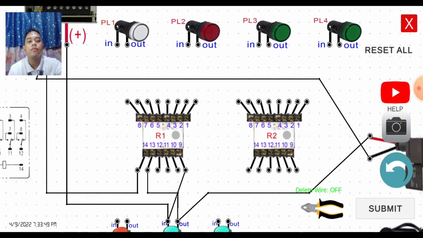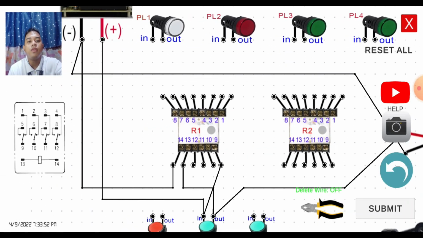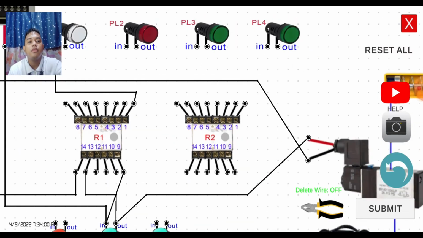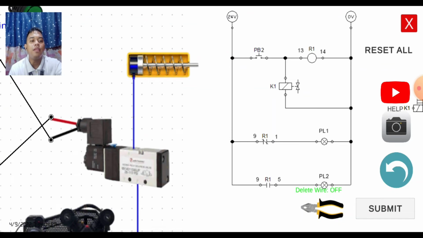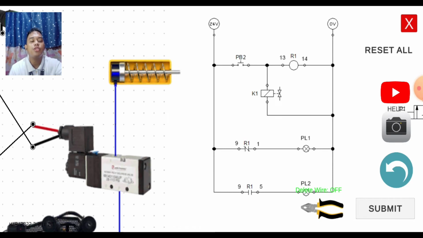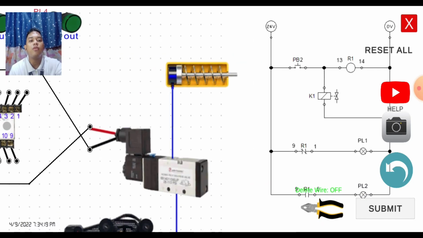Next, the output of PL1 can be connected to either negative of K1, 14 of R1, or 0 volts, or the negative part of our power supply. But to make it easier for us, we can connect it directly to the 0 volts.